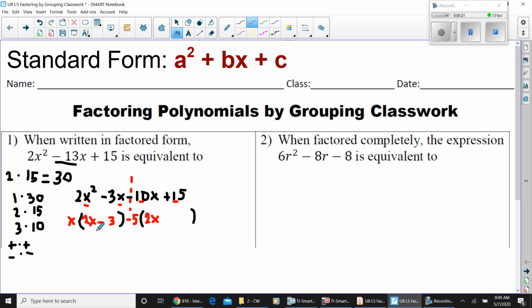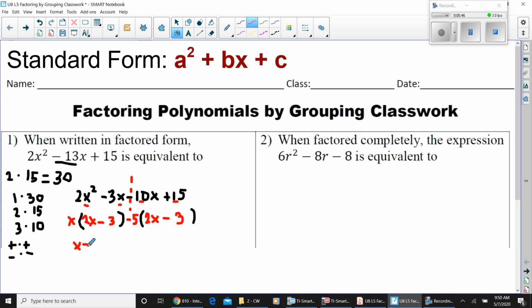You can always check by this: inside the parentheses is going to be the same binomial. Negative 5 times what equals positive 15? Negative 5 times negative 3. So when you put this together, it's x minus 5.